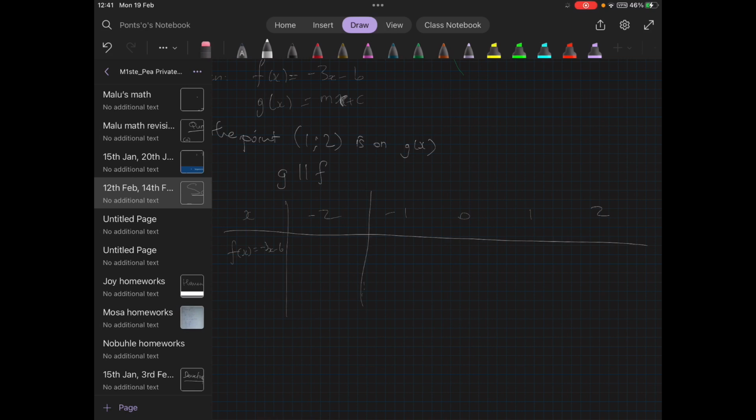Okay, what's the value of f of x at x is negative 2? It's positive 6 minus 6 is 0. Okay, interesting. Then at minus 1, we get positive 3 minus 6 is negative 3, then negative 6, negative 9, negative 12.